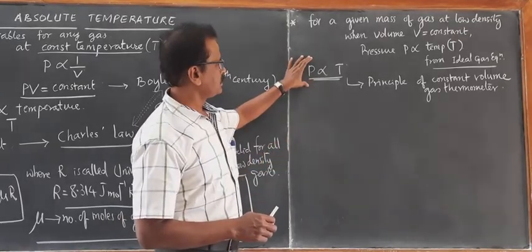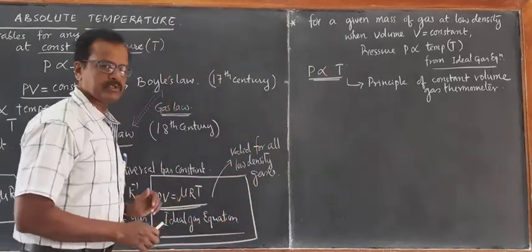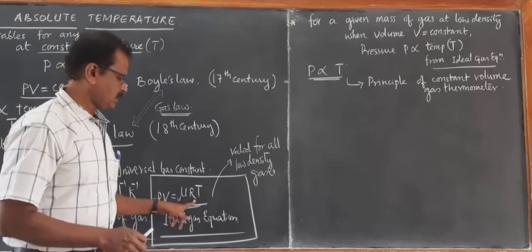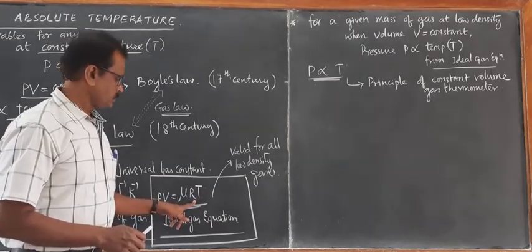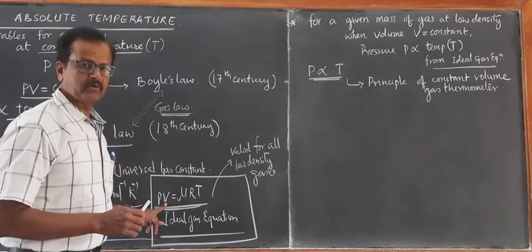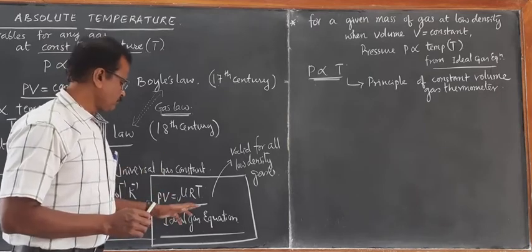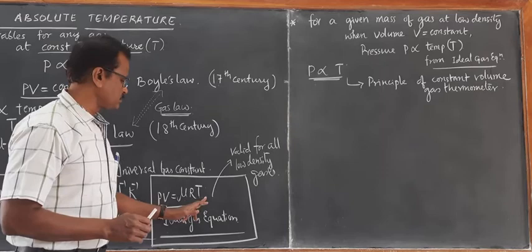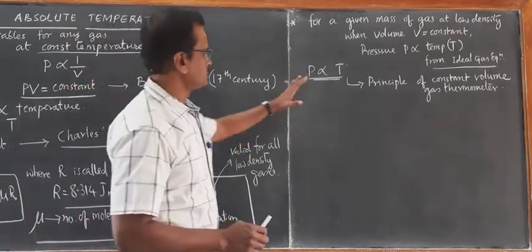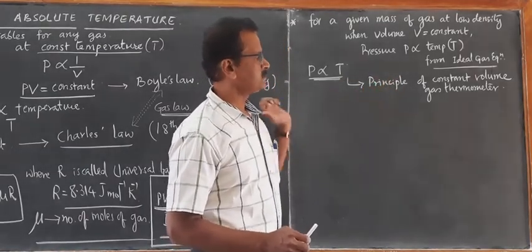Once we measure the pressure, we will be able to calculate the temperature using this ideal gas equation, because we know mu, the given mass of gas, and we know the gas constant. We know the volume of the fixed amount of gas that is taken. Volume is kept constant. V, mu, R are known values. So as pressure increases, temperature increases. So if we measure pressure, we will be able to measure the temperature. This becomes the basis of construction of the constant volume gas thermometer.